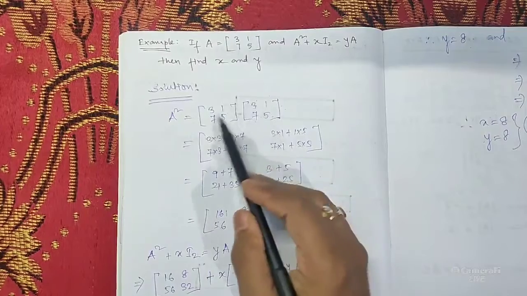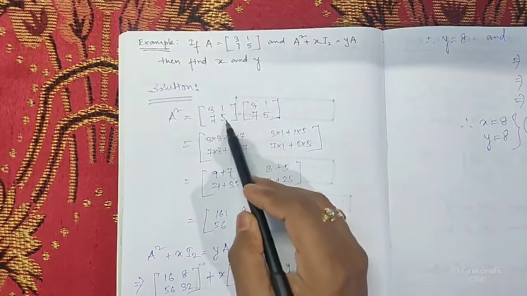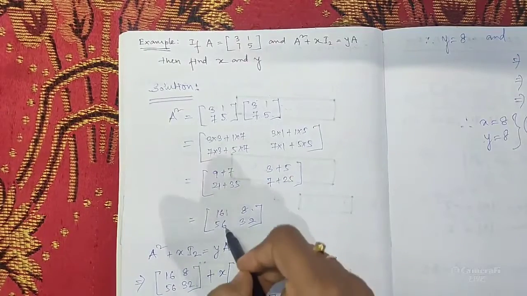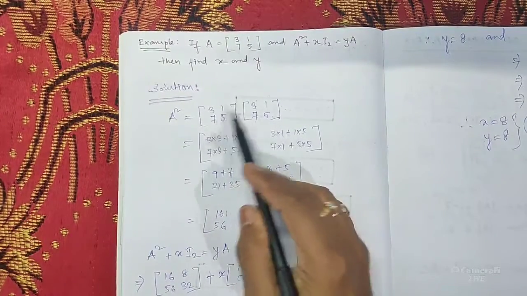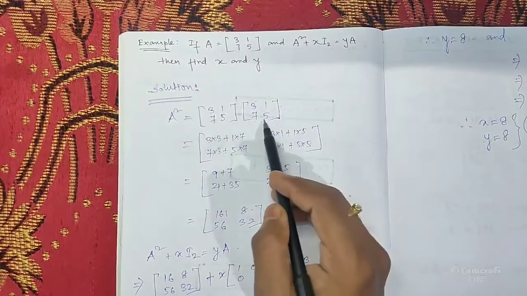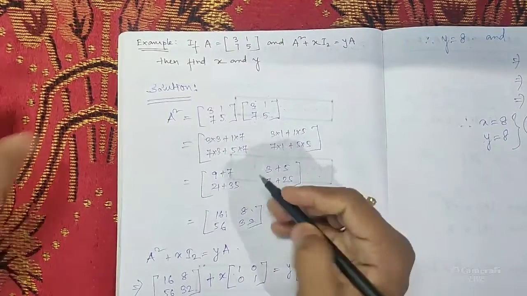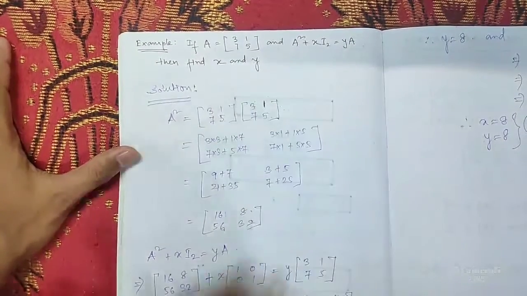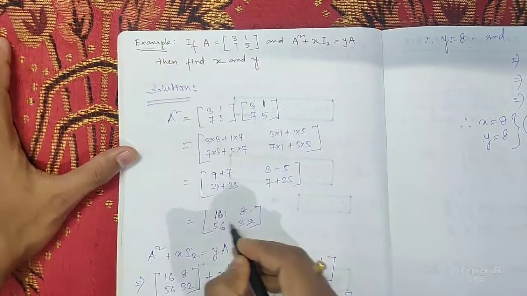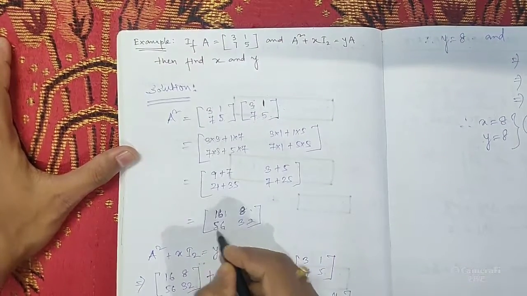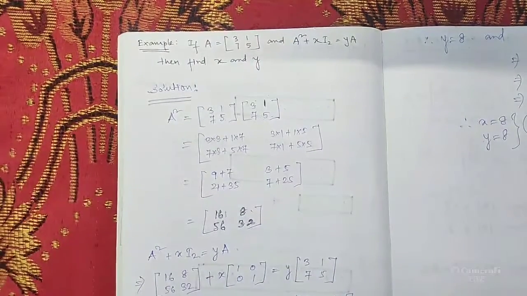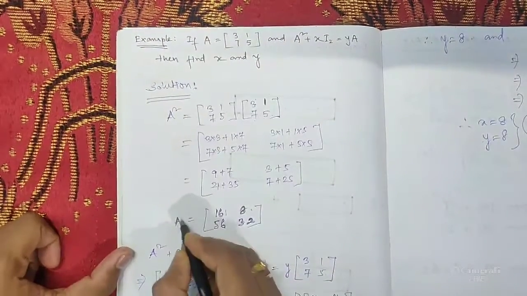Next 7 into 3 is 21 plus 5 into 7 is 35, 21 plus 35 is 56. 7 into 1 is 7, 5 into 5 is 25, 7 plus 25 is 32. So here you are getting 16, 8, 56 and 32. This is the value of A square.